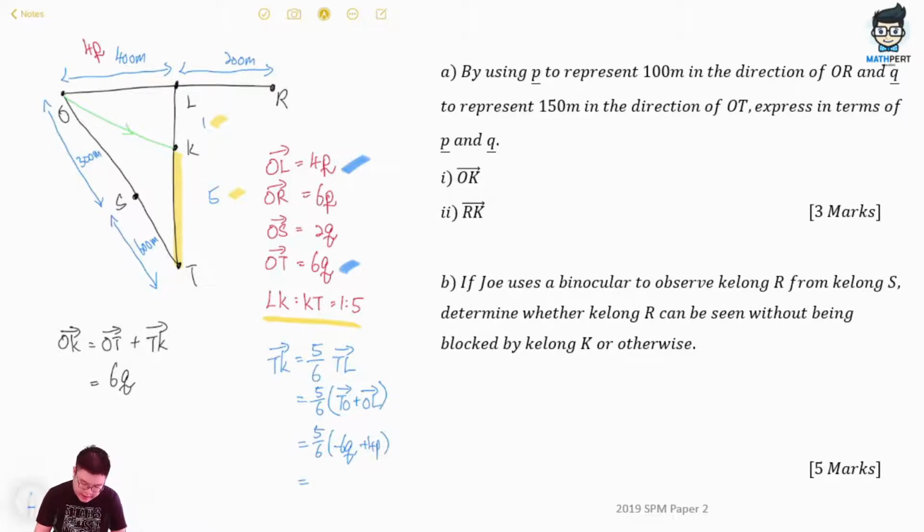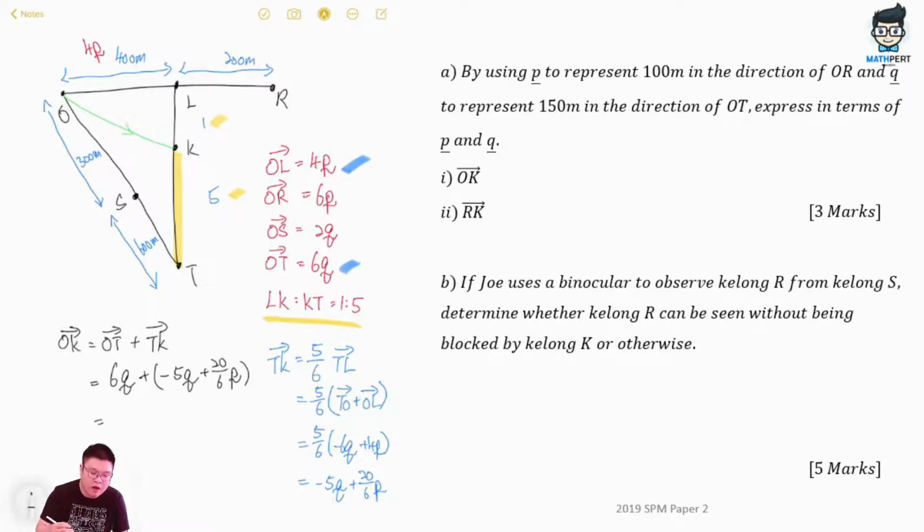So my TK would be equals to negative 5Q plus 20 over 6P. Right? So we put it here. 6Q plus TK is negative 5Q plus 20 over 6P.